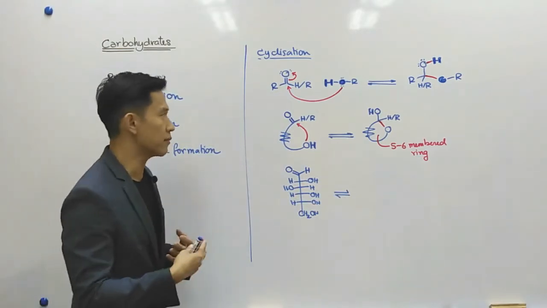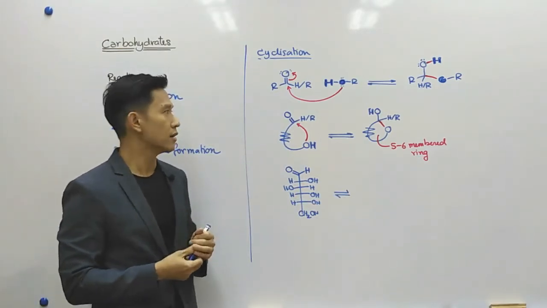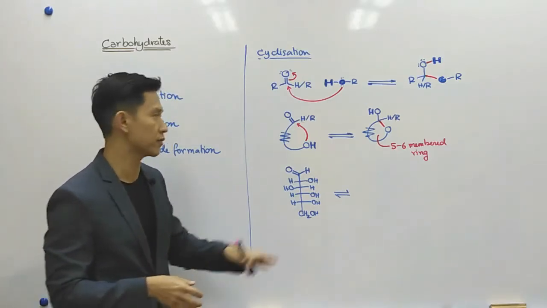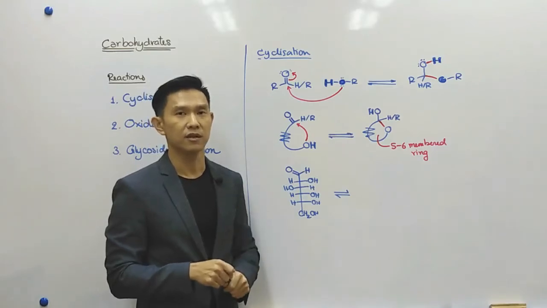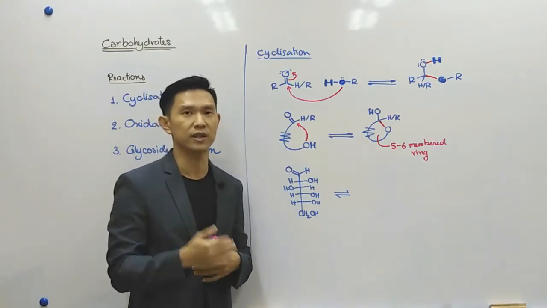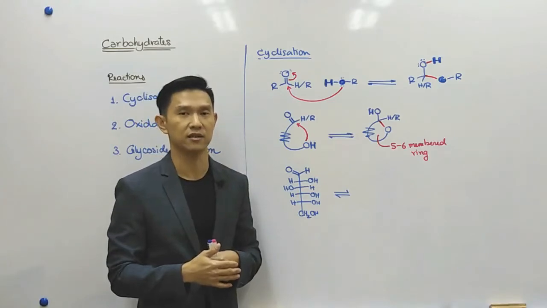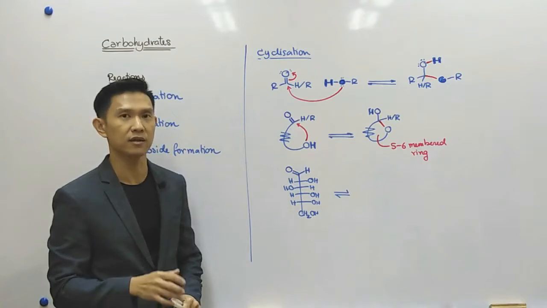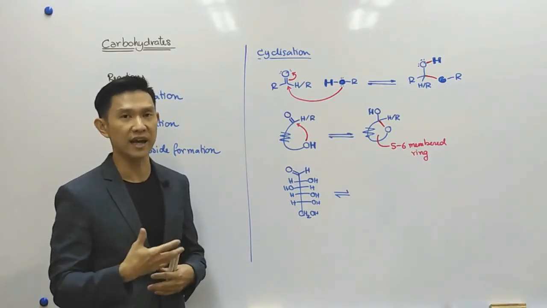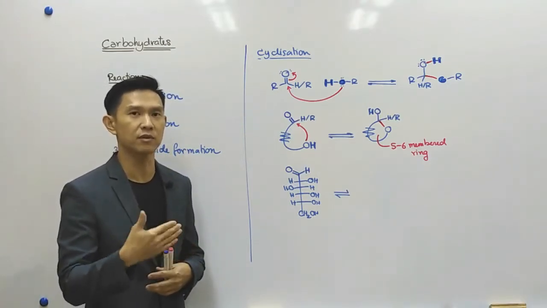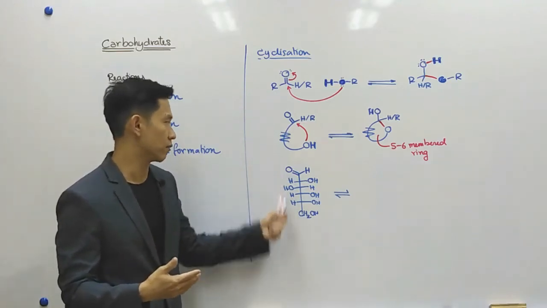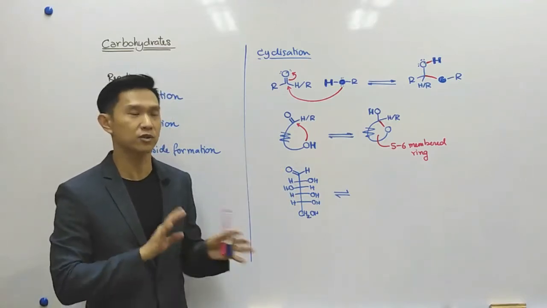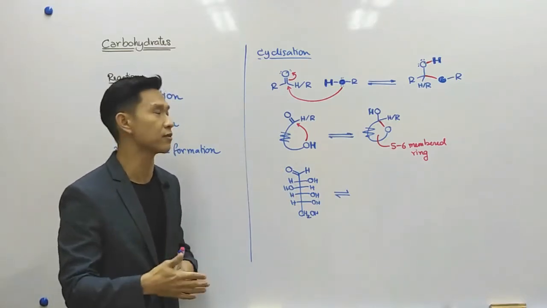But because the equilibrium prefers it, the most abundant structure observed from this equilibrium is the structure with the lowest energy state. Okay, but because you are just first year students, you cannot know exactly which kind of structure is the most stable form between open chain, 5-membered ring or 6-membered ring. Okay, you don't have to know exactly what is the most stable form here.